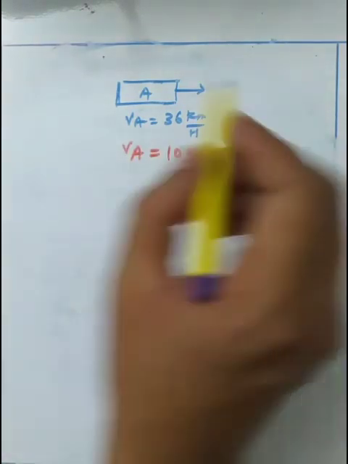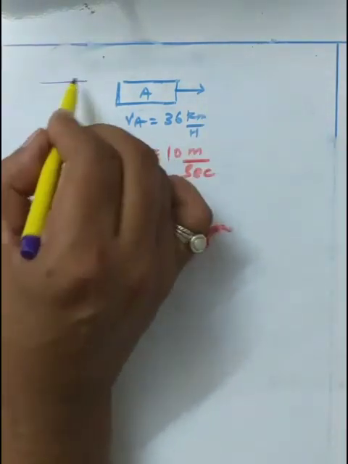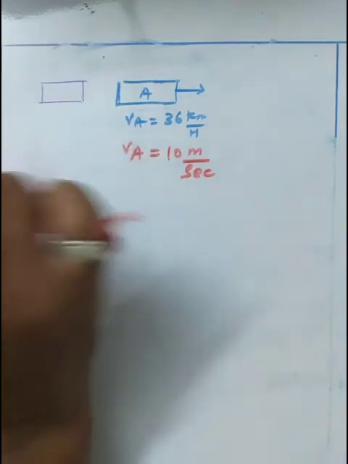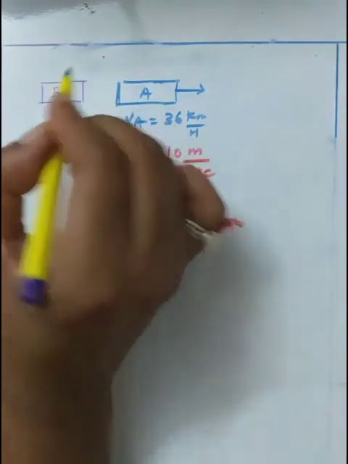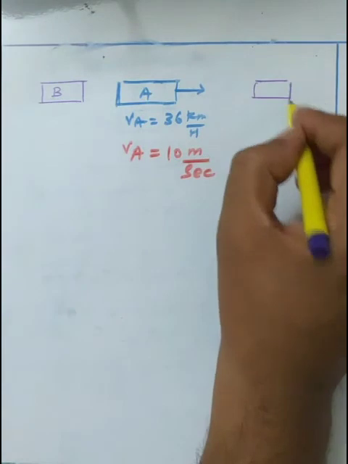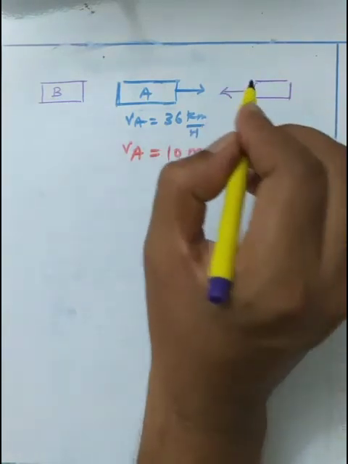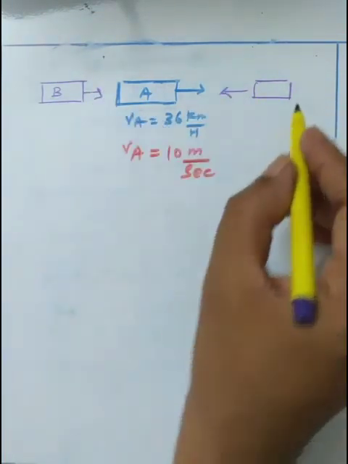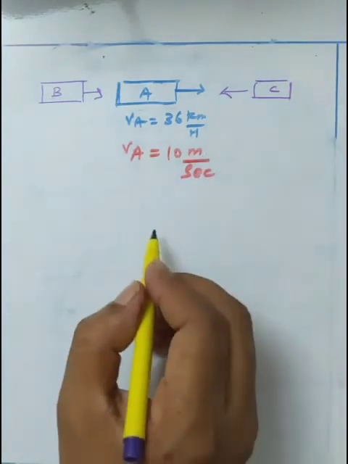Two cars B and C approach car A in the opposite direction. This is car B and this is car C, and both are approaching A.